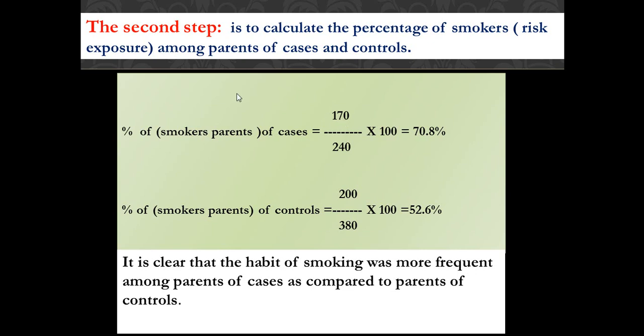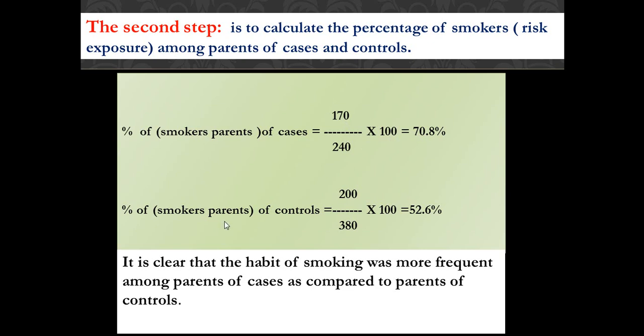Step 2 is to calculate the percentage of smokers, which means here the risk exposure of the parents of both the cases and control. And the percentage of a smoker, how can we calculate it? Here we have the number of affected patients, the cases, on the total number. It was 240 multiplied by 100 and it was here 70.8%.